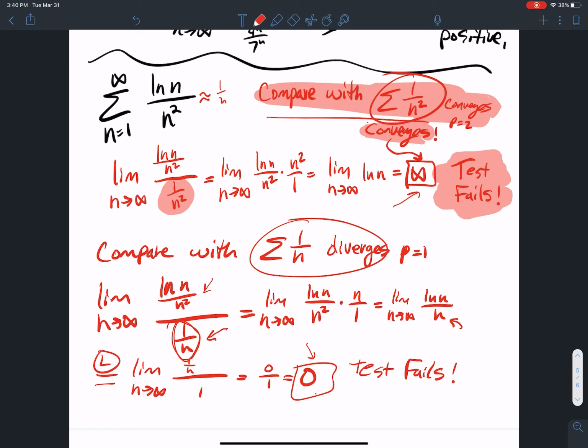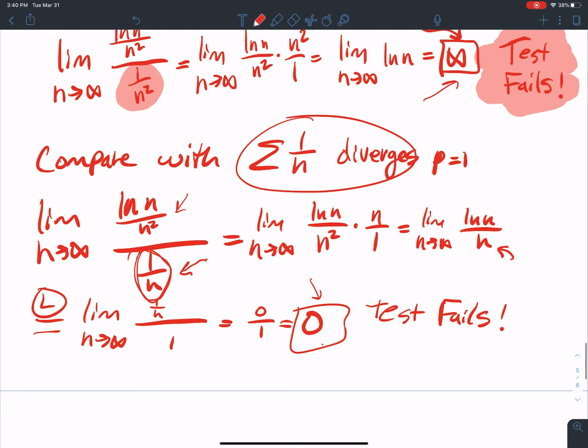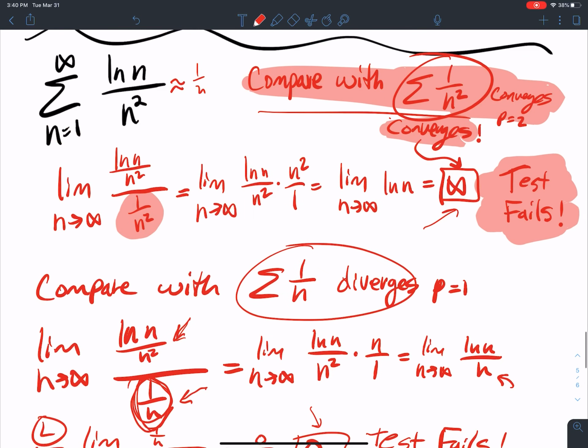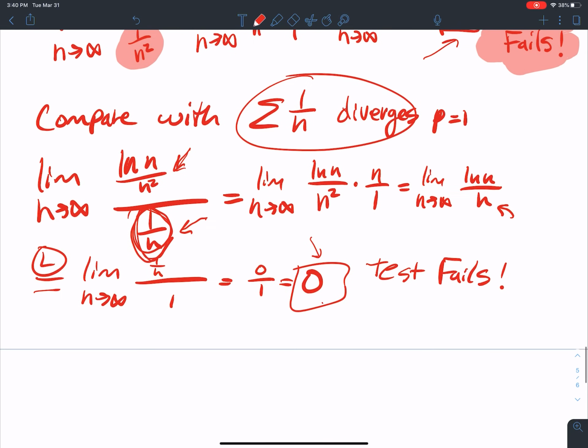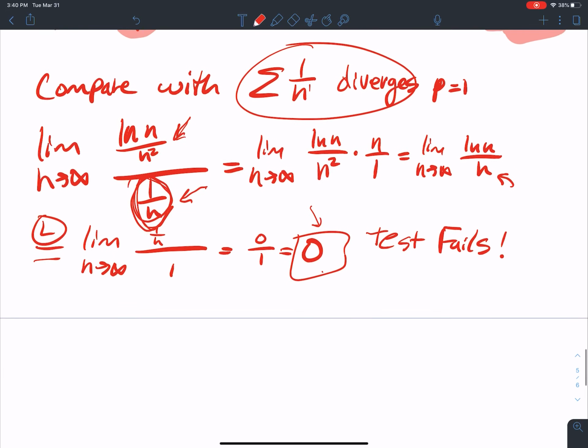But this is not the scenario. I have something that is super dominant in the denominator, but it diverges. So that means the top could converge, it could diverge. So we went too far with n squared, and we went too far back the other way with just n.